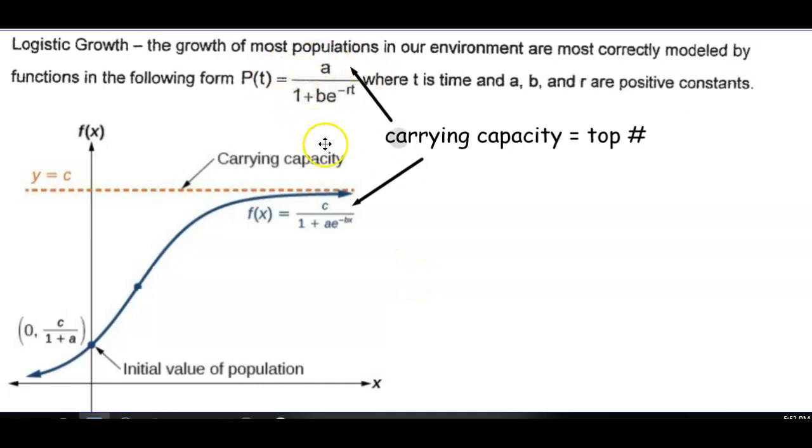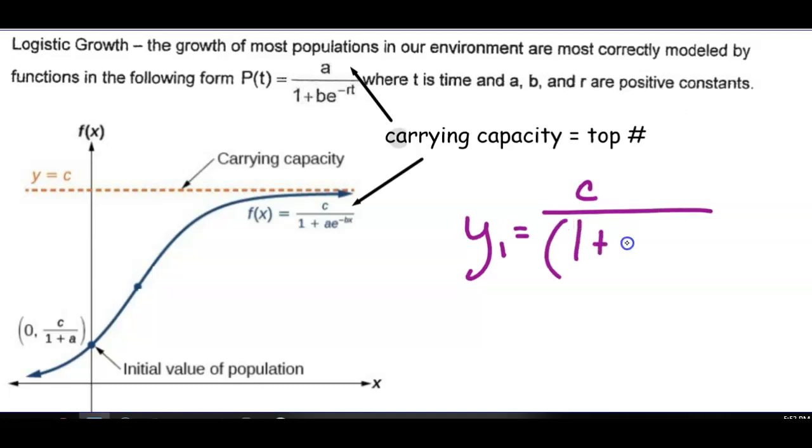But in this form, what you have to remember when you type this in your calculator, you're going to put things in Y1, and you're going to have the carrying capacity divided by 1 plus some number, and then E to the some numbers here, and the T is going to be an X on your calculator. Or if you had an older calculator, you'd need extra parentheses up there. But make sure you have those parentheses in the denominator.